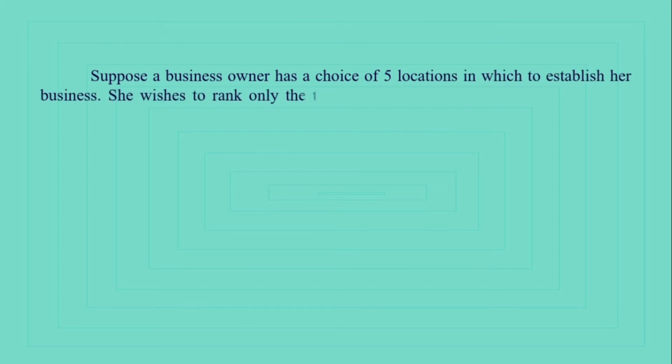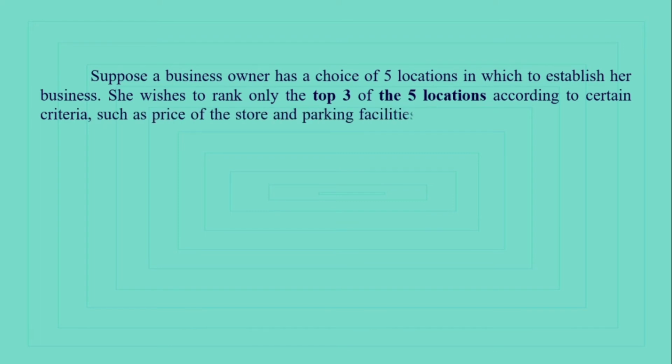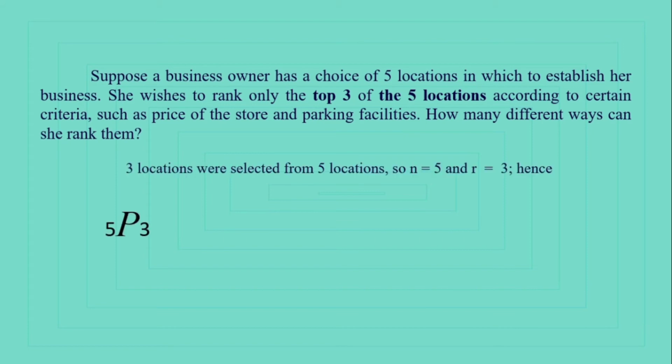In the same situation, but she only wishes to rank the top 3 of the locations. 3 locations were selected from 5 locations, so n is equal to 5 and r is equal to 3.